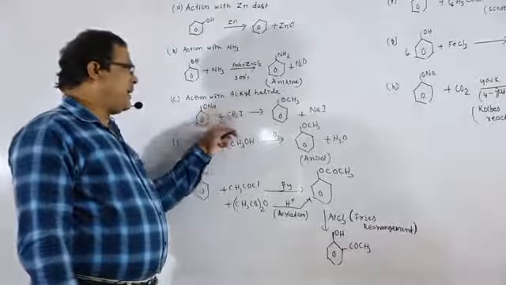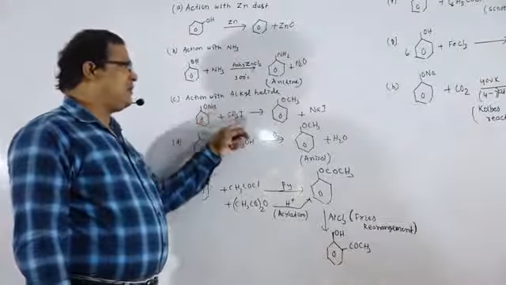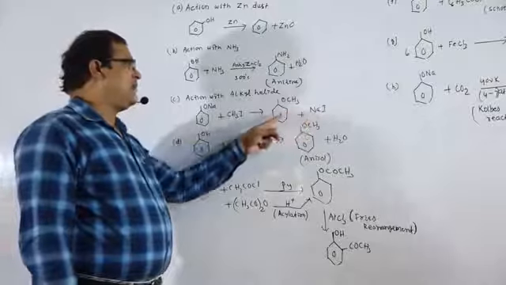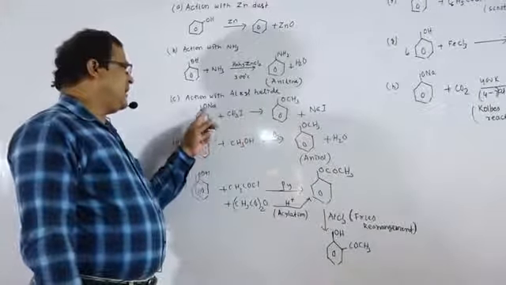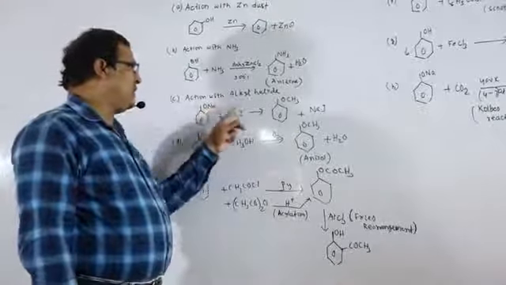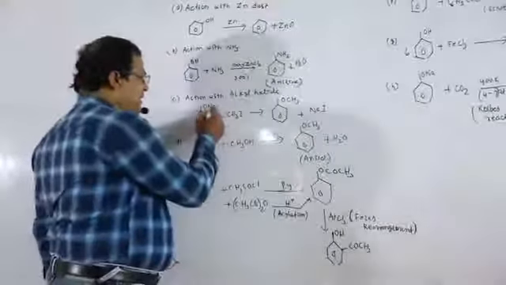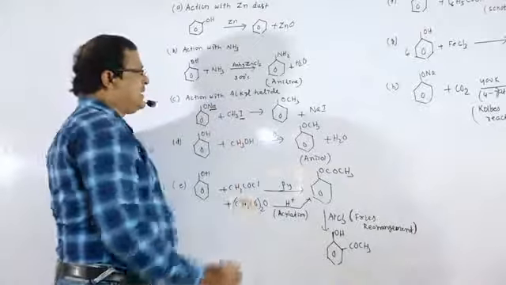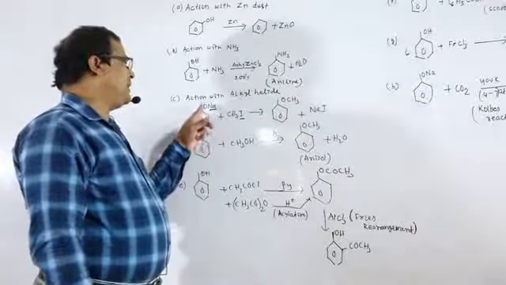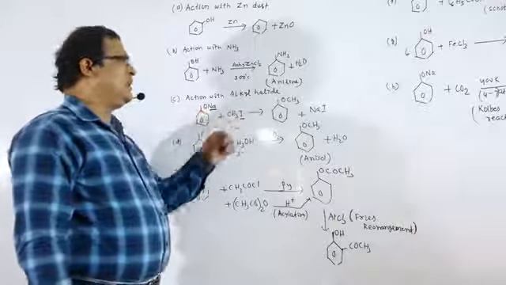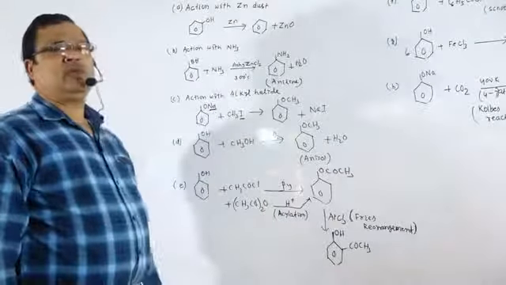The Na part and I part are removed in the form of NaI, and there is the formation of an ether. The benzene ring is attached with OCH3, that is the formula for anisole.